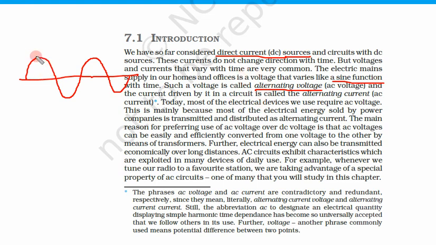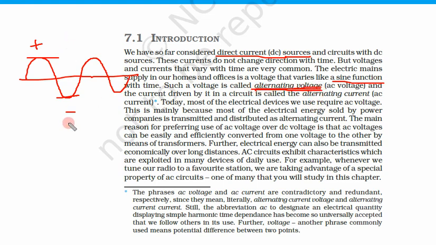Since the first half voltage is on the positive side and the second half on the other side, again this positive and negative is only a convention. That's why it is called alternating voltage.